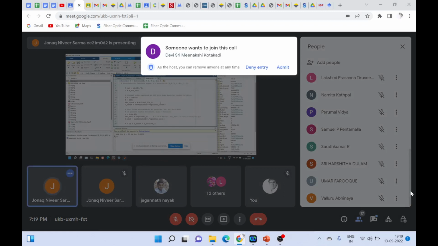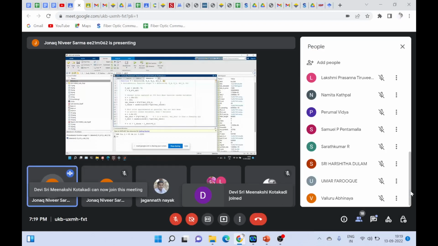To simulate the noise effects, this thermal noise and shot noise, their variances are known to us. So, how do you generate the noise signals themselves?